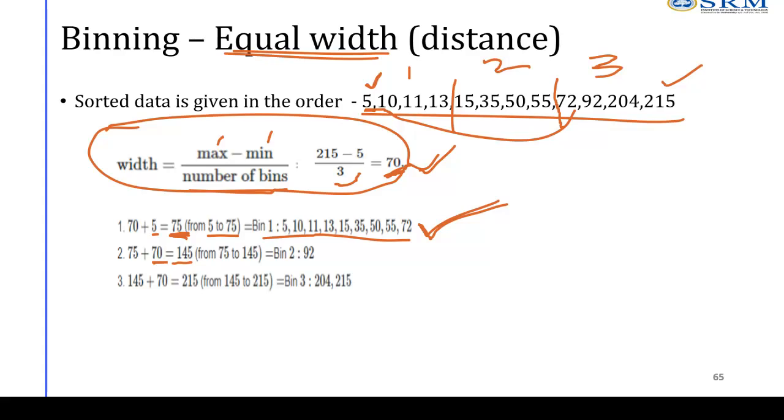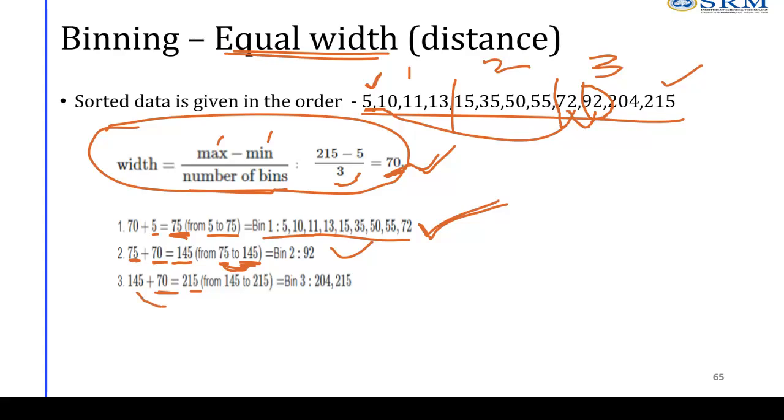The minimum value is now 75, so 75 to 145 falls in bin 2. In 75 to 145, only 92 falls in bin 2. Then 145 plus the width value becomes 215.